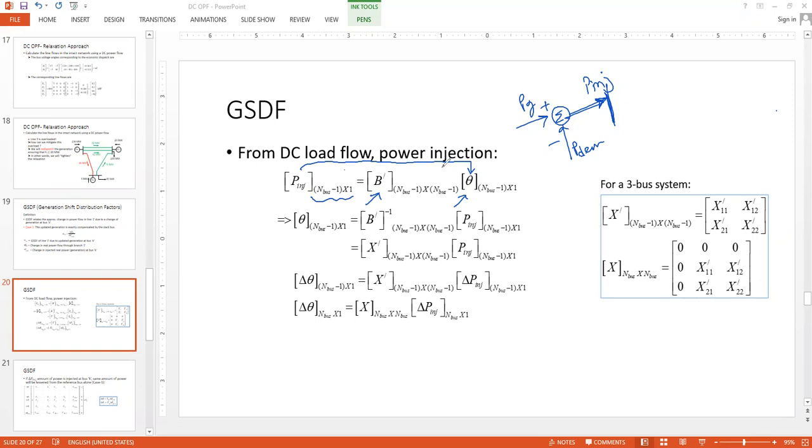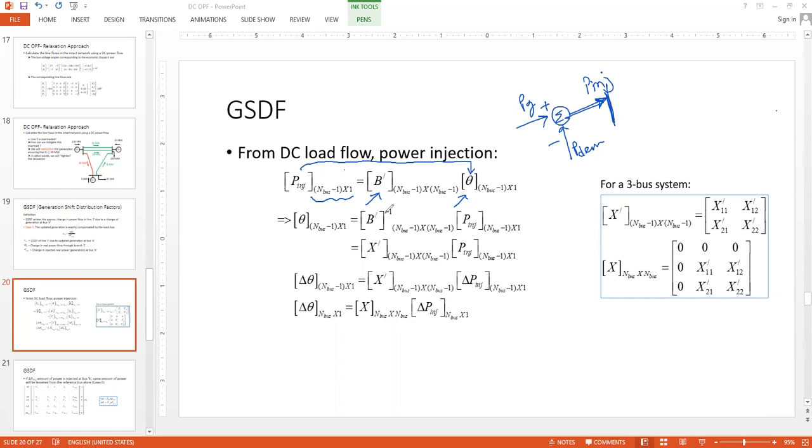Now from here, we made theta our unknown. The dimension is still n bus minus 1 by 1, equals the inverse of the B dash matrix, again n bus minus 1 by n bus minus 1, multiplied by the P injection vector, n bus minus 1 by 1.